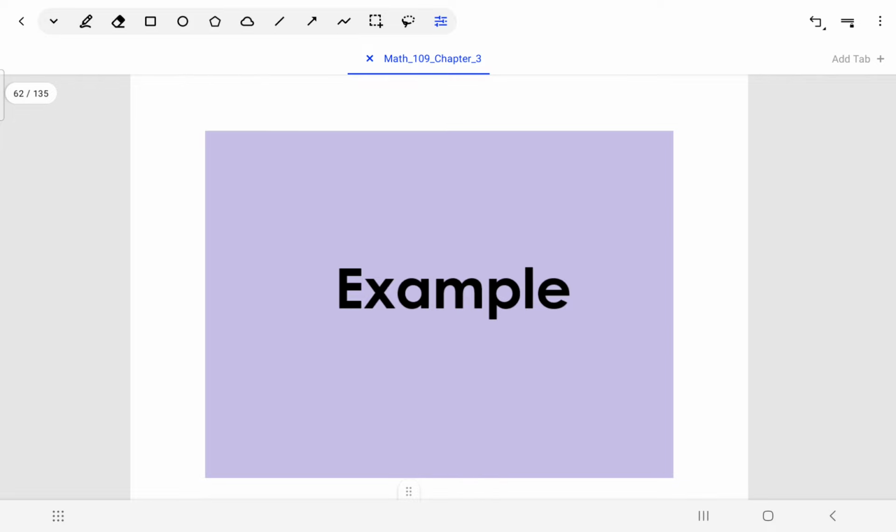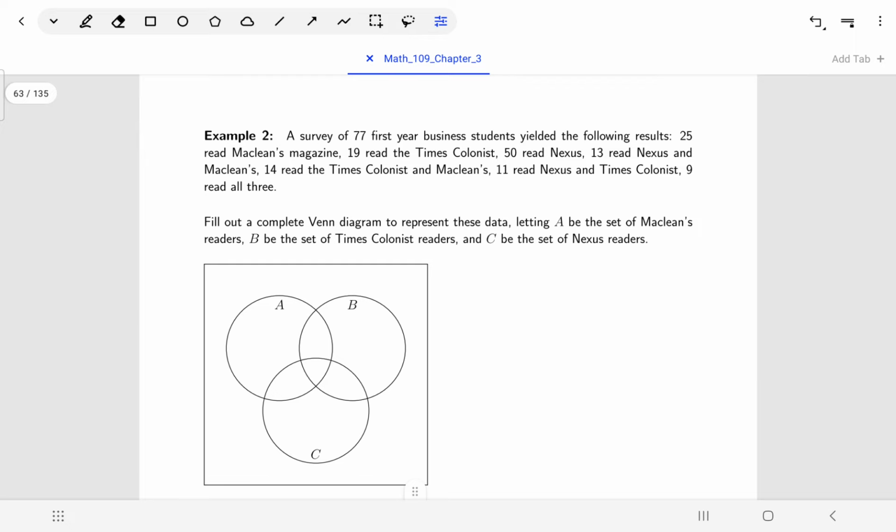All right, time for an example. So example 2, we're looking at a survey. This time there are 77 business students in their first year, and we have all sorts of information about what they read. Good news for us, a little bit less work. We've already defined who A, who B, and who C is.